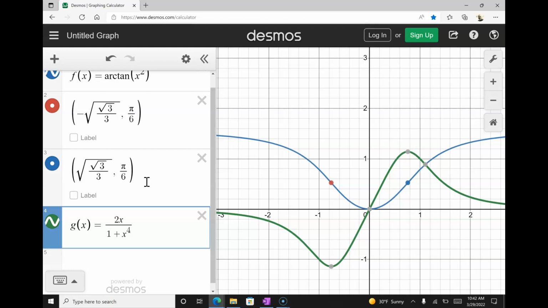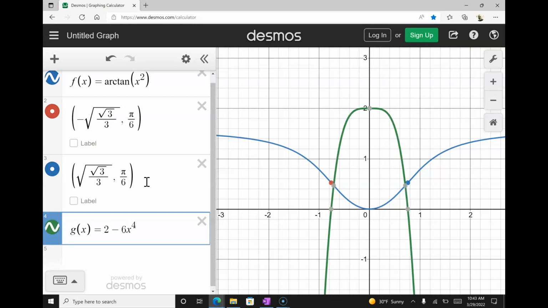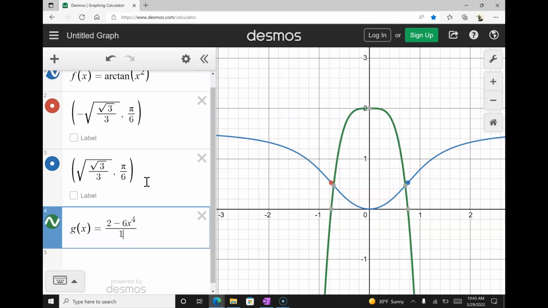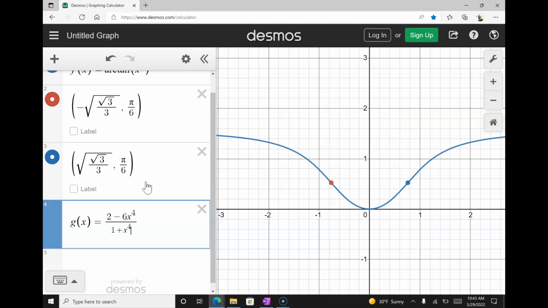What if I graph the second derivative? What was my second derivative? 2 minus 6x to the fourth, all divided by 1 plus x to the fourth, all of that squared, right?